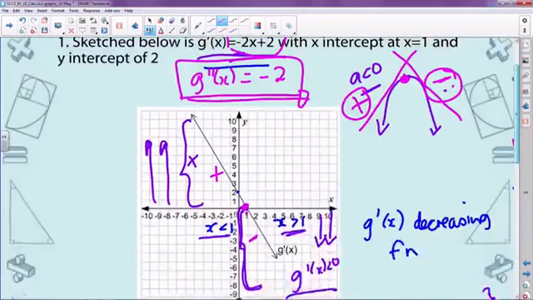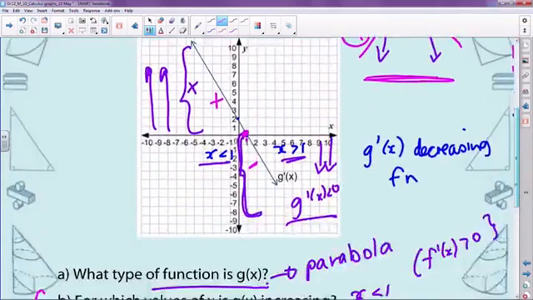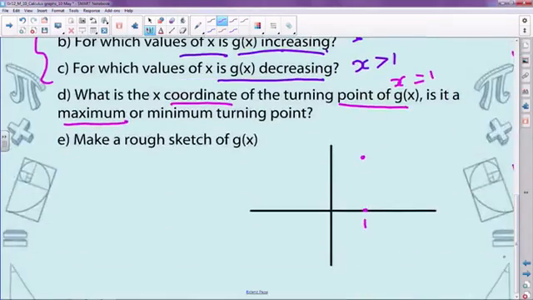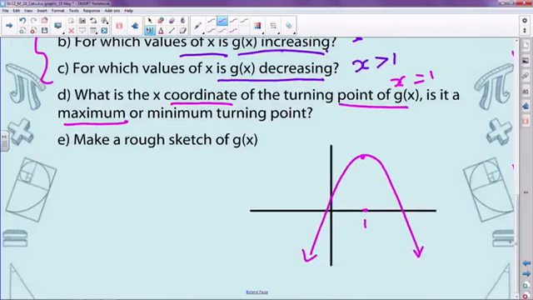We know that it's going to have this type of shape as I've shown you before, where we have a maximum turning point, so my sketch graph is going to look like that. We don't have any other specific values, we don't have x-intercepts or anything like that. It's just a rough sketch of what g of x could possibly look like.